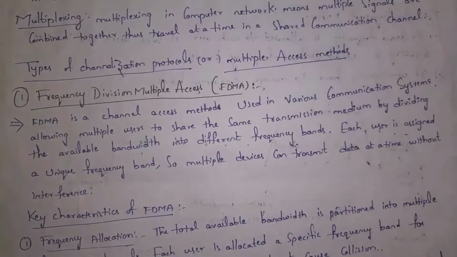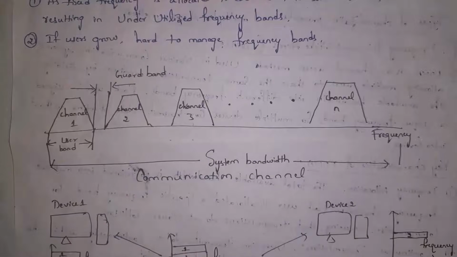As each user gets one frequency band, all users can communicate at the same time. So even though all users send data at the same time, there will not be any interference. Collision will not occur. For example, this is the communication channel. We divide it into smaller channels and each user gets one channel. By using that channel, the user can communicate.